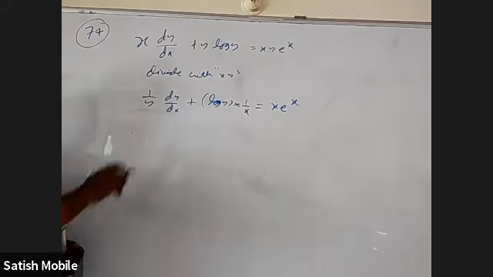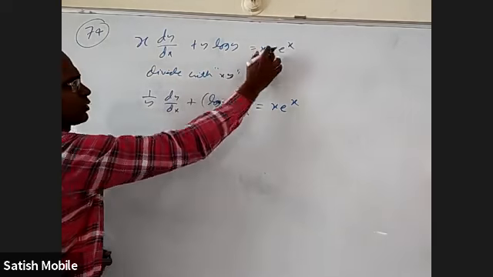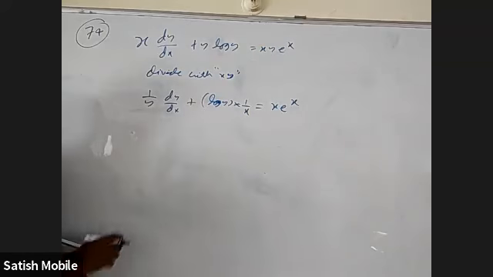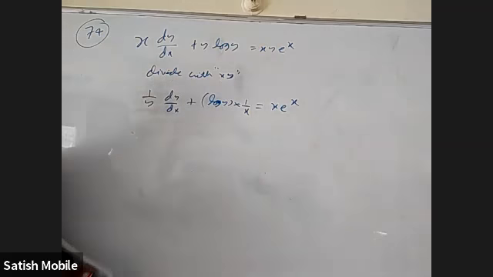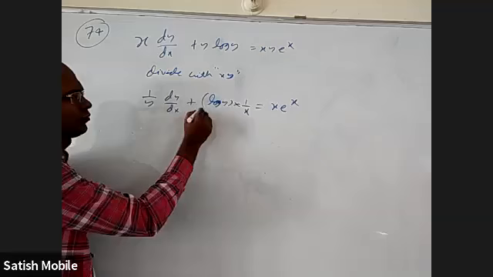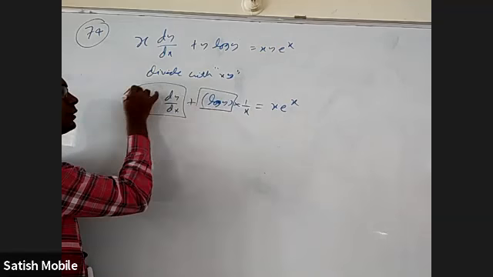The reason we divide with y is we don't want any function of y here. And for dy by dx, we don't want anything in terms of x, so we divide with that. Now it is very easy to see this is a derivative, right?